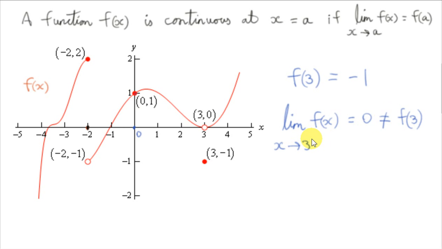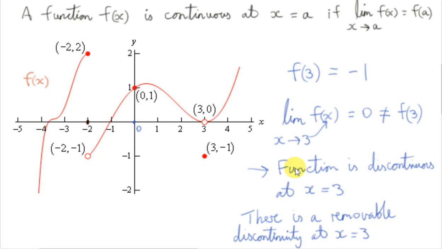We can't calculate this limit by plugging 3 in for x, because f of 3 is not equal to 0, it's equal to minus 1. So the function is discontinuous at x equals 3. As a matter of fact, we say that there is a removable discontinuity at x equals 3. It's like we removed this point from the curve and shifted it down, or we could have shifted it vertically up some distance.